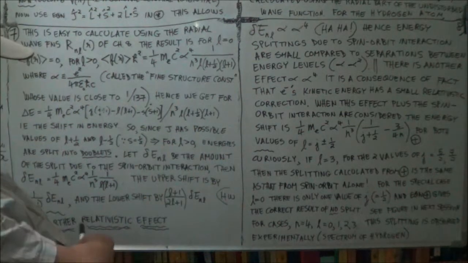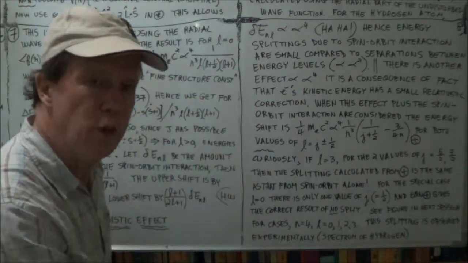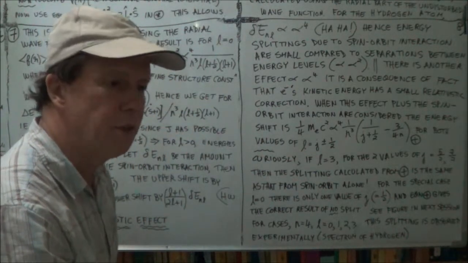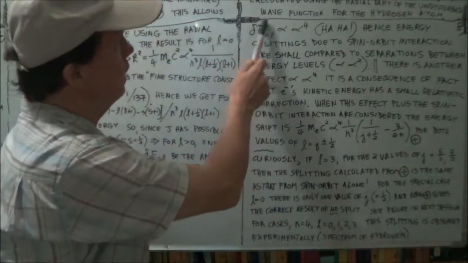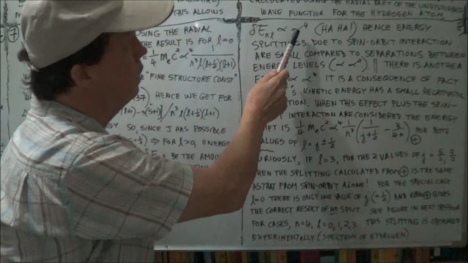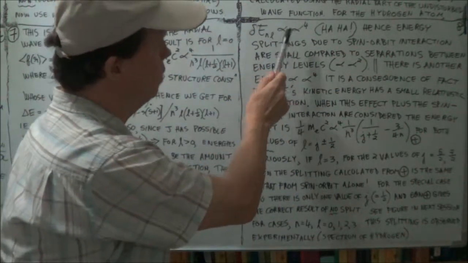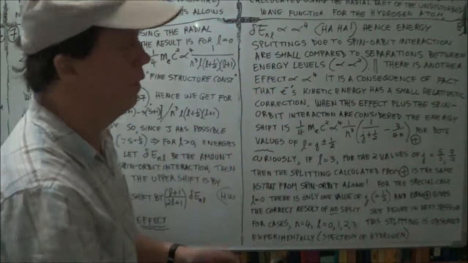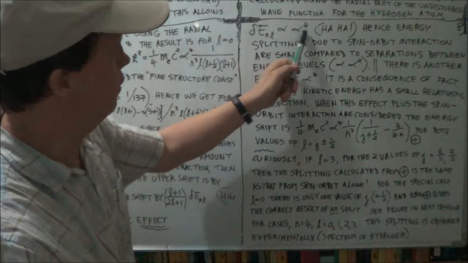Okay, now this spin orbit phenomenon is not the only phenomenon that gives you this energy change that's proportional to the fourth power of the fine structure constant, proportional to alpha to the fourth. Now I just put it here as a bit of a joke because you've got alpha fourth.